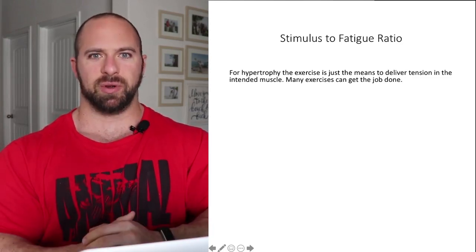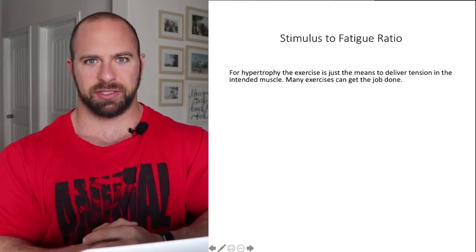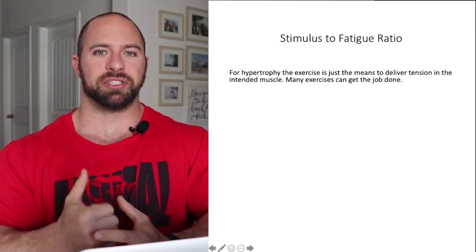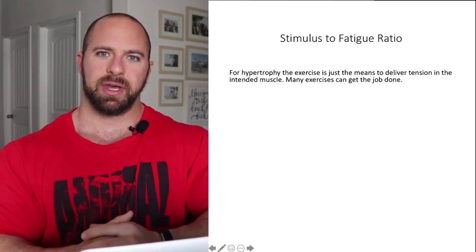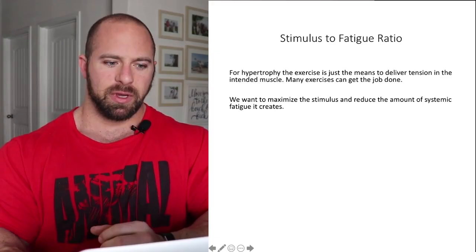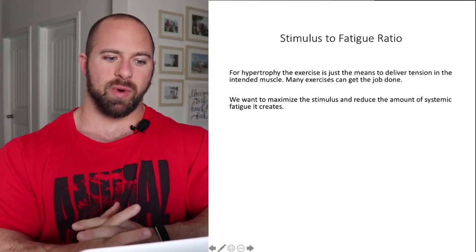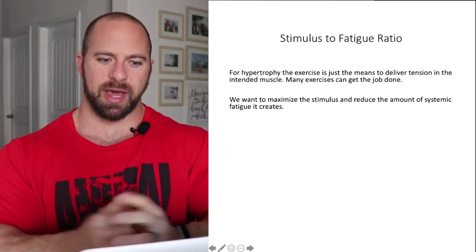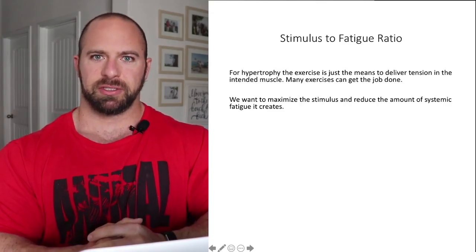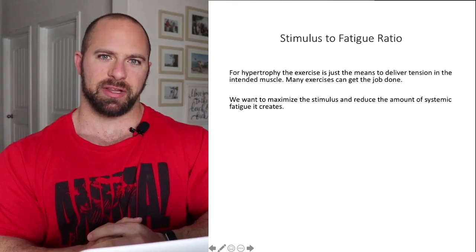You don't have to do a barbell overhead press, or you don't have to do a flat bench press. We're just simply trying to put tension on the muscle that we want. And so whatever exercise we're picking just needs to do that. We want to maximize the stimulus to that muscle and reduce the amount of systemic fatigue that it does create. So we're trying to pick really efficient lifts that do so.